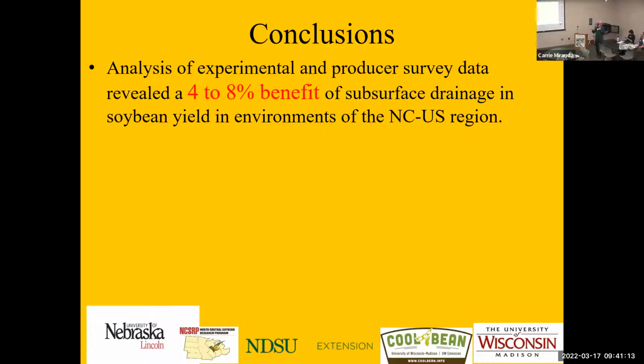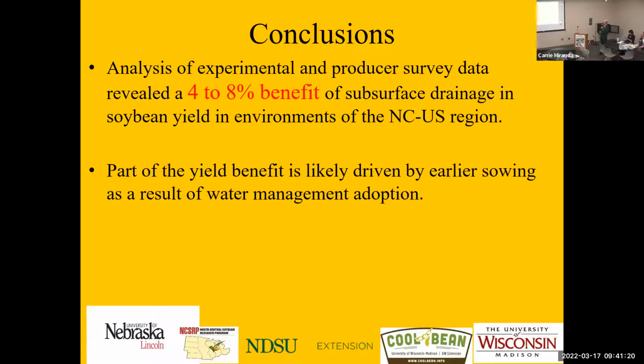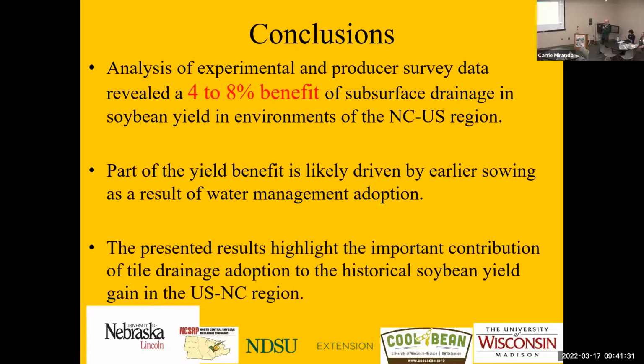That includes data where we have dry years and wet years, so it is just an average number. It also showed that it appears that when you put in tile drainage, farmers can plant earlier, and that is probably driving that yield increase. So also based on the data, it kind of shows that tile drainage is a major factor in the improvement of soybean production throughout the region.